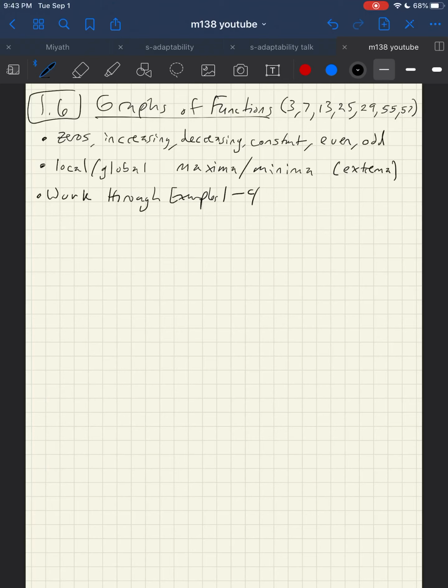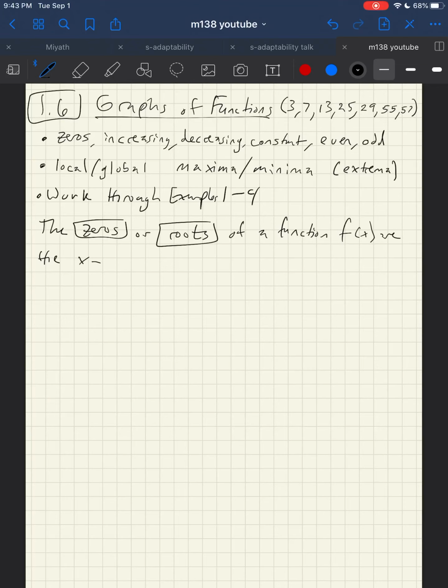So the zeros, or roots, oh, that should be roots, not roofs, roots, of a function f of x are the x values so that f of x equals 0.